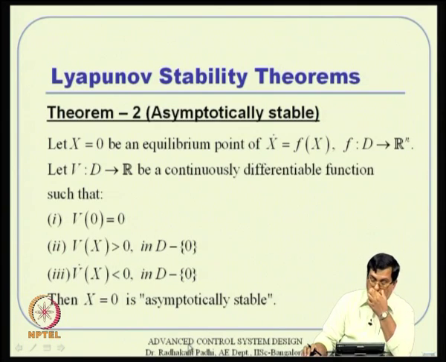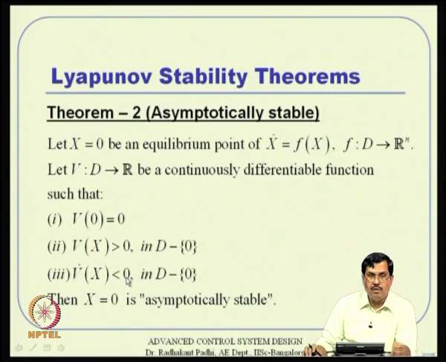And that, as we discussed, is an order of magnitude higher in complexity, because to conclude negative definiteness, V dot needs to be a function of all components of the state variable. If even one component is left out, then we cannot conclude that; we can conclude only semi definiteness. So, that is the difficulty it throws up.